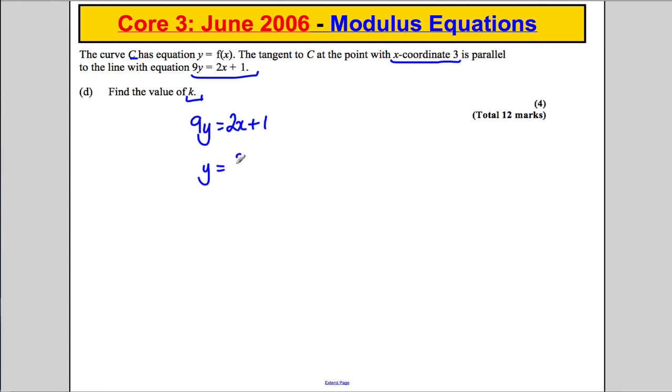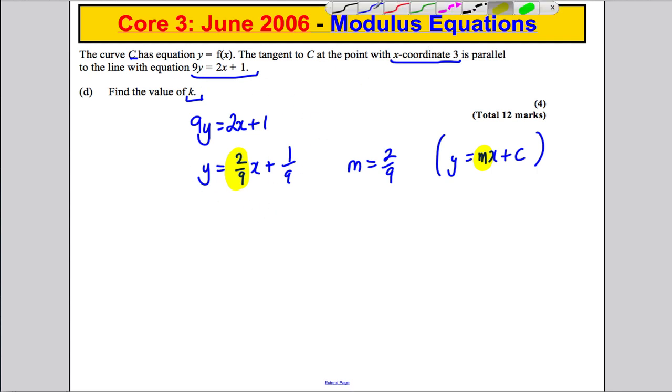Dividing by 9, it would be 2/9 x plus 1/9. So our m here is 2/9, using y equals mx plus c. If an equation's in that form, the m automatically tells us the gradient. So I know the gradient of the tangent is 2/9.